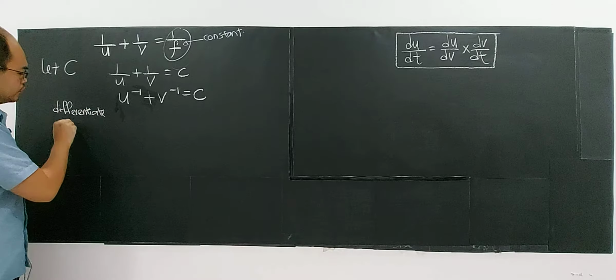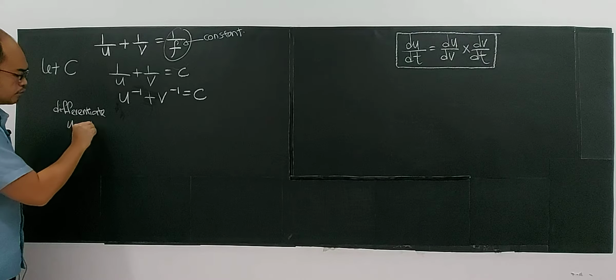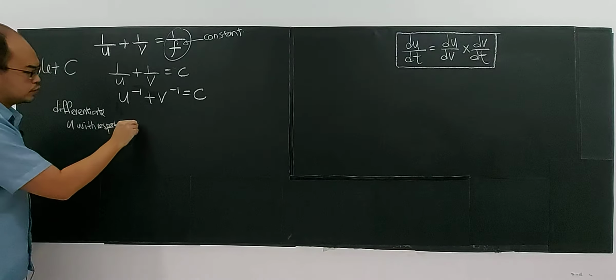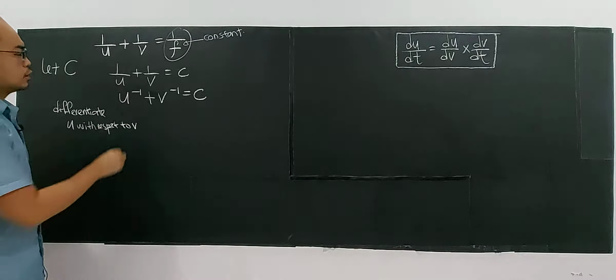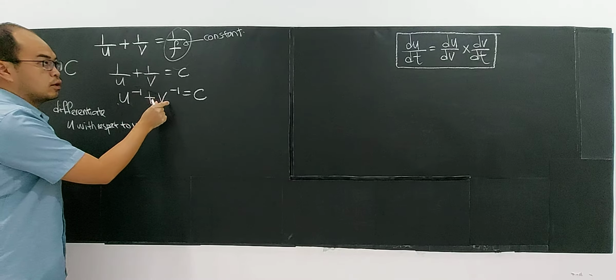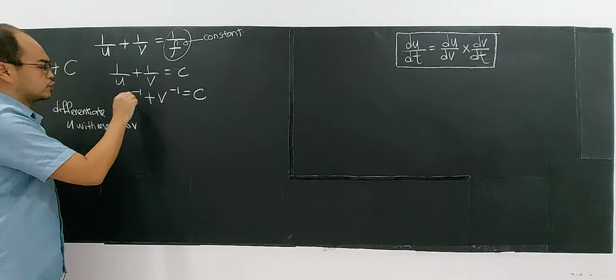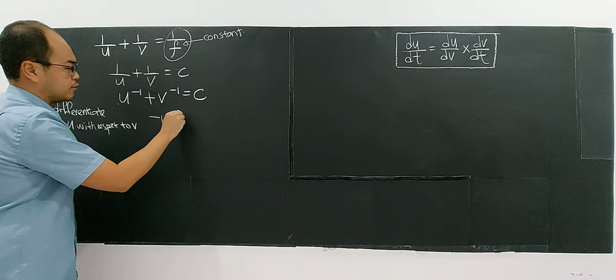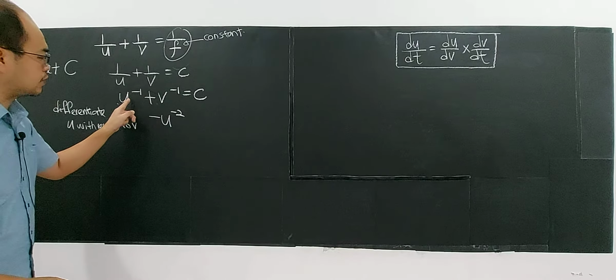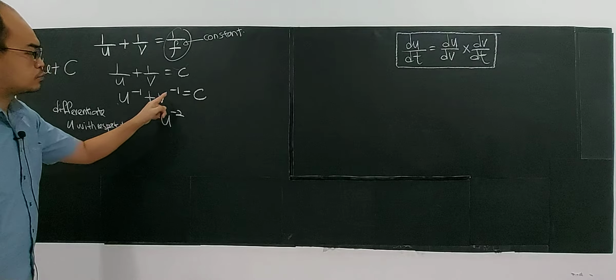Now it's just like this is your y and this is your x. Try to imagine x to the power of -1 plus y to the power of -1.